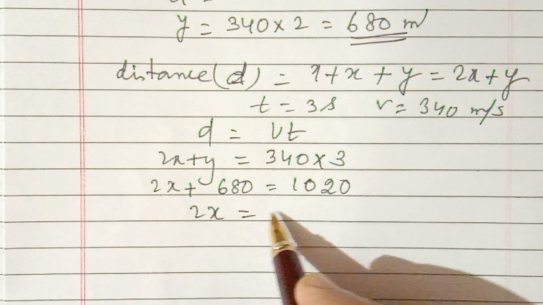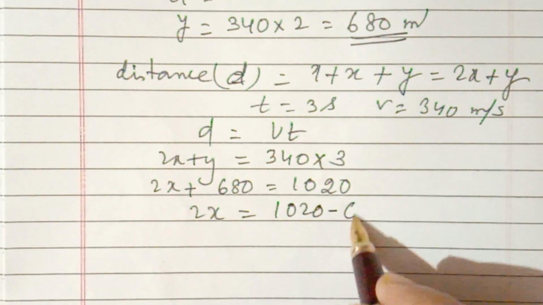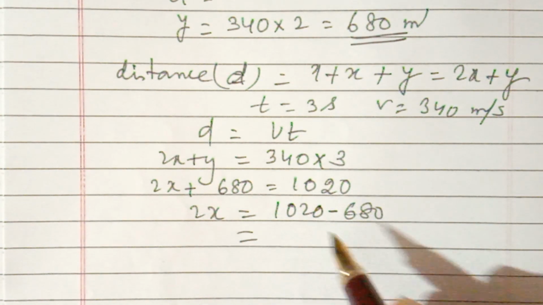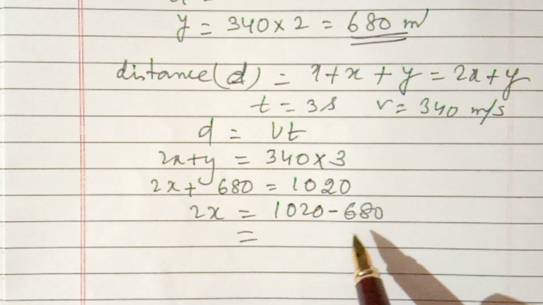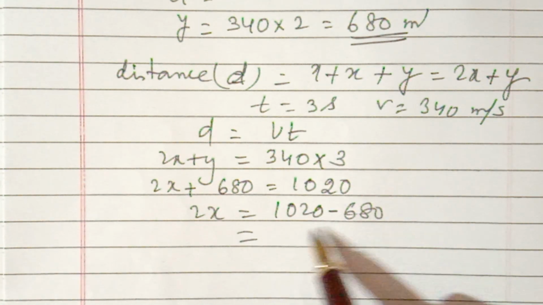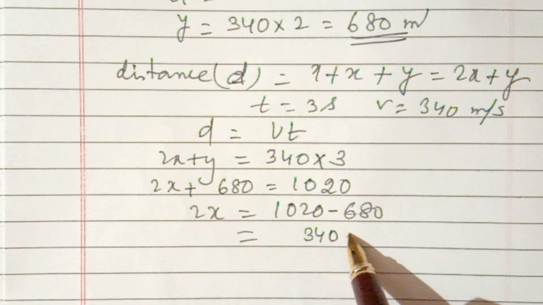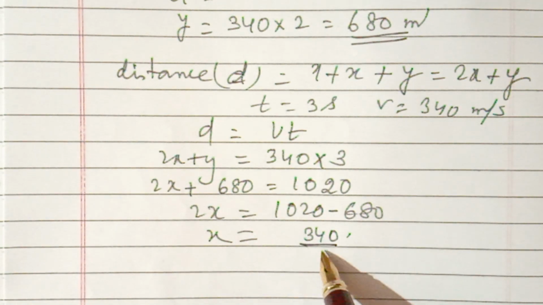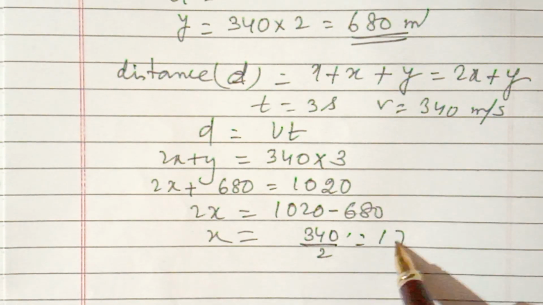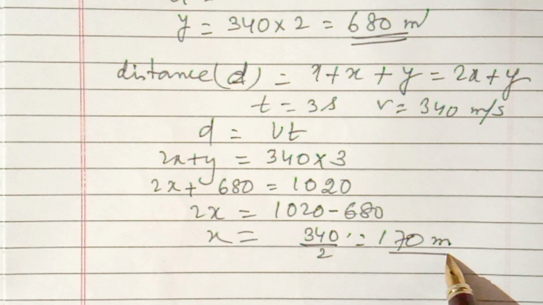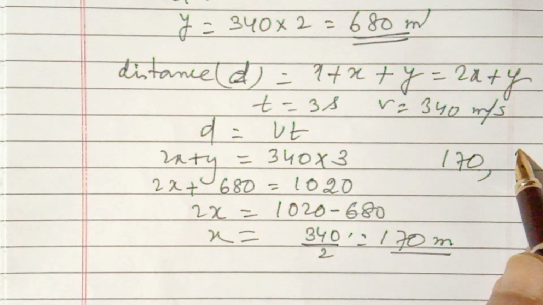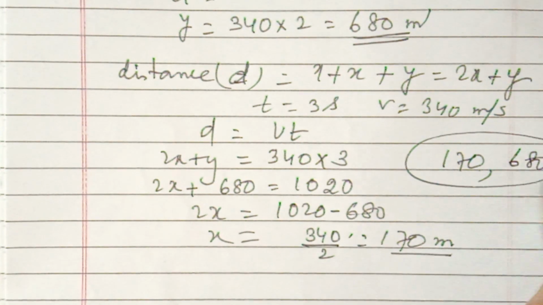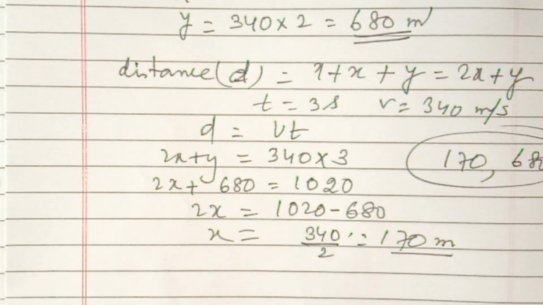Then 2x is equal to 1020 minus 680. Then you subtract, you will get 340. Then x is equal to 340 by 2, that is 170 meter. So value of x is 170 and y is 680. So these are the answers.